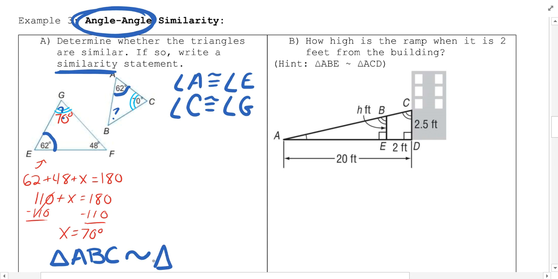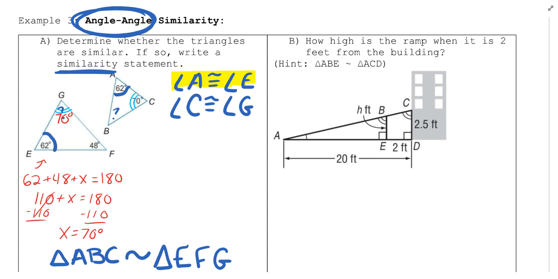And triangle ABC is similar to triangle. Well, we have to look at what angle corresponds with A. We already figured that out up here. So E is going to be my first letter. B is the second letter. B corresponds to F. And C is my third letter. C corresponds to G. So triangle ABC is similar to EFG.